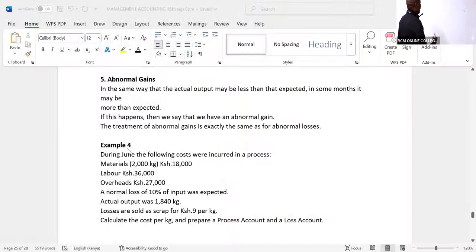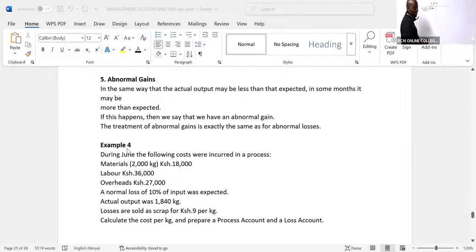So we do a throughput account. The throughput account is a material movement account. I can see input in the form of materials. The input there is 2000 kgs.